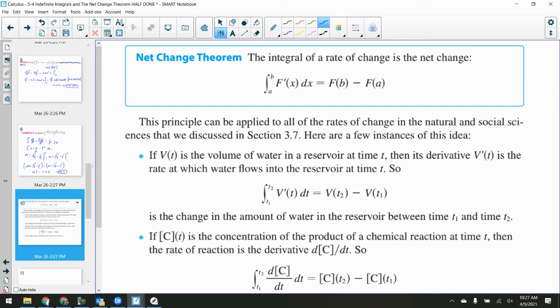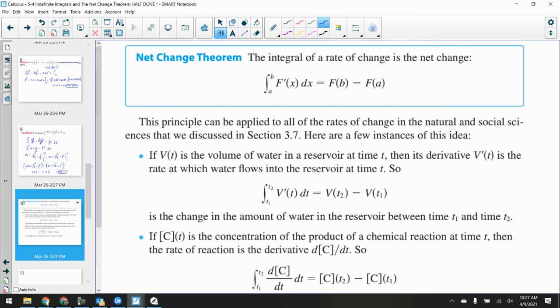So if I take the definite integral from a to b of f prime of x dx, it's just f of b minus f of a. That's just top minus bottom, right? Finding the antiderivative, plugging in a and plugging in b to find the difference between the two.